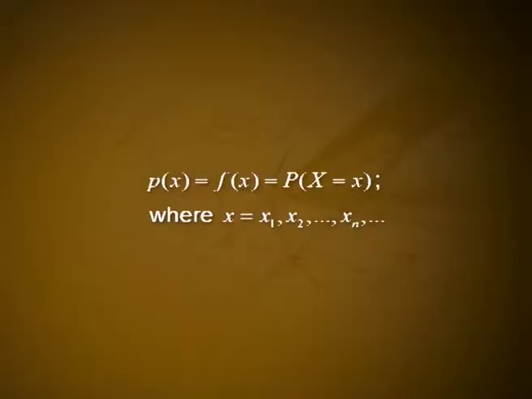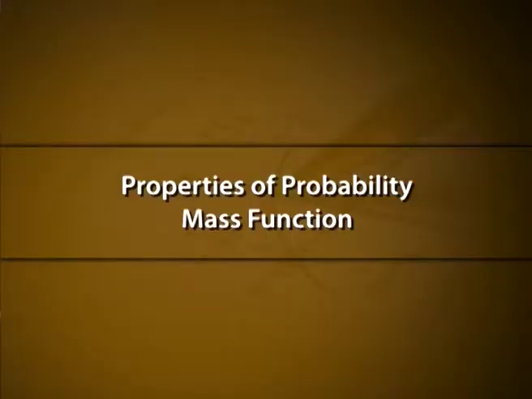As a definition, if X is a discrete random variable which can assume the values x1, x2, etc., xn, etc., then the function p of x or f of x defined as p of x equal to f of x equal to P of capital X equal to small x, where small x is equal to x1, x2, etc., xn, etc., is called the probability mass function, p.m.f., of capital X. Properties of probability mass function.